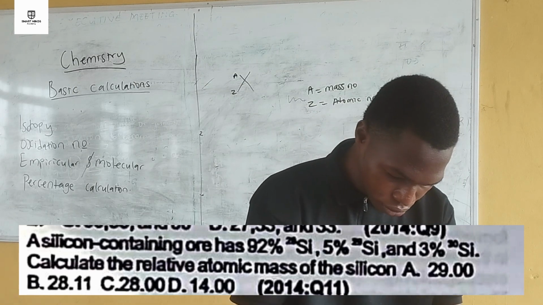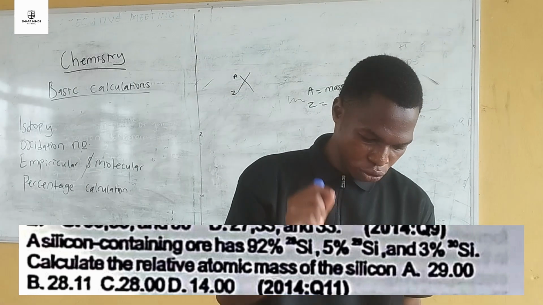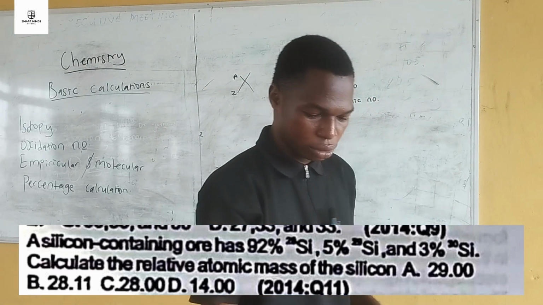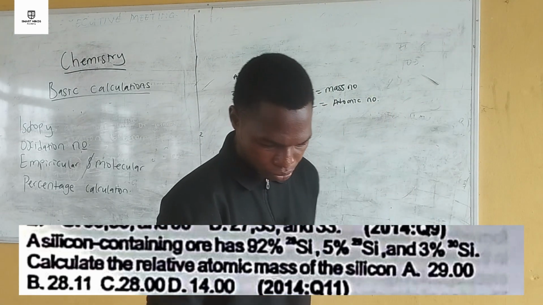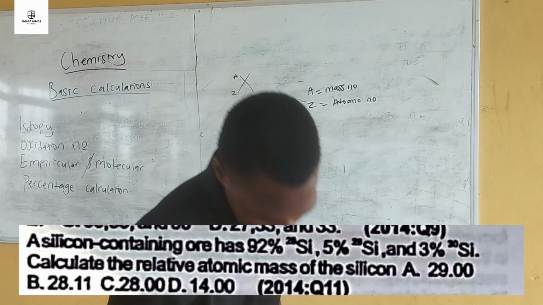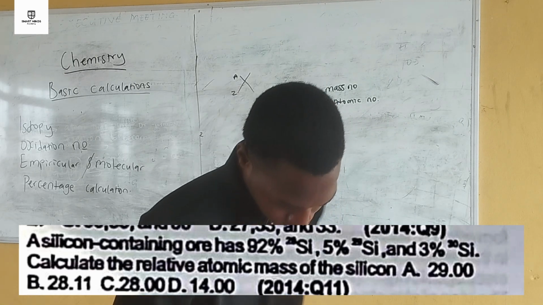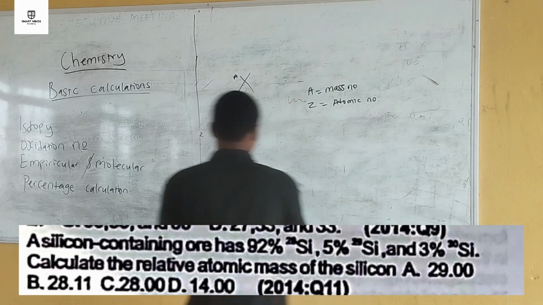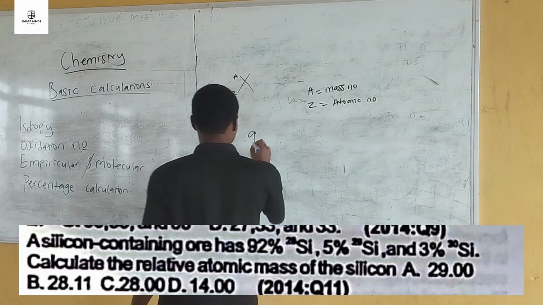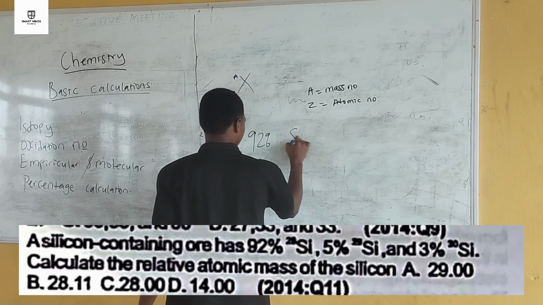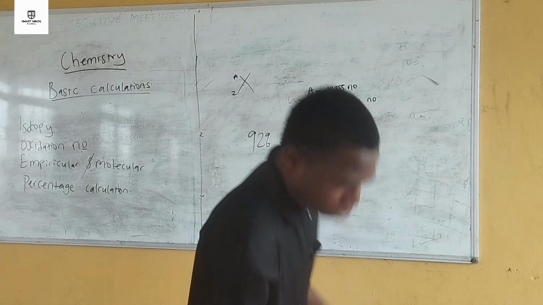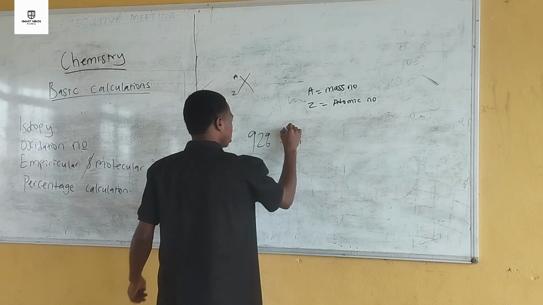Next question. A silicon-containing ore has 92% silicon, yes, 92%, with mass number 28.